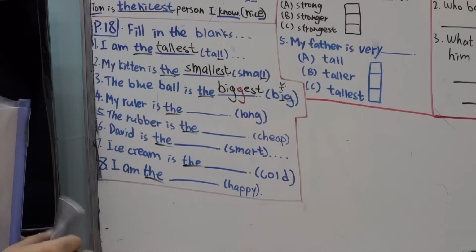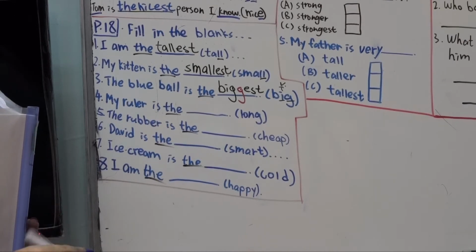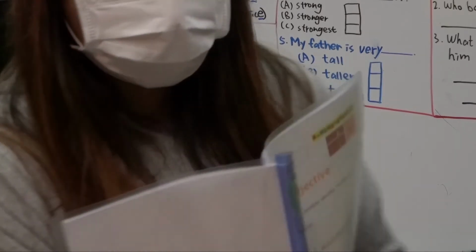4 to 8, 5 questions. Do it by yourself. 1 minute. Okay? Do it in 1 minute. Your time starts now.